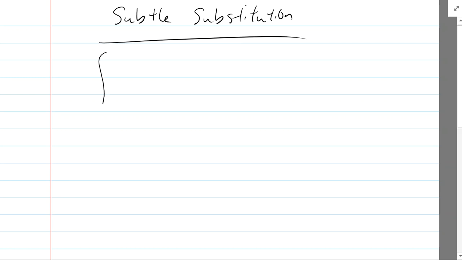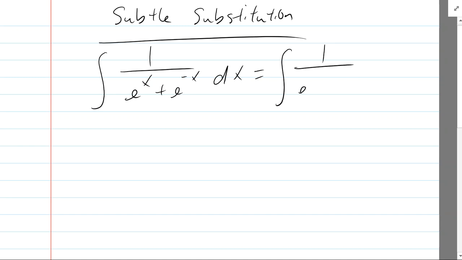If we integrate 1 over e to the x plus e to the negative x dx, you can't do u sub because the derivative's not up top. I am going to rewrite this as the integral of 1 over e to the x plus 1 over e to the x dx. I want to clear out that denominator.